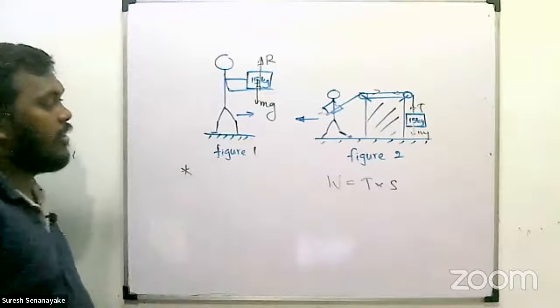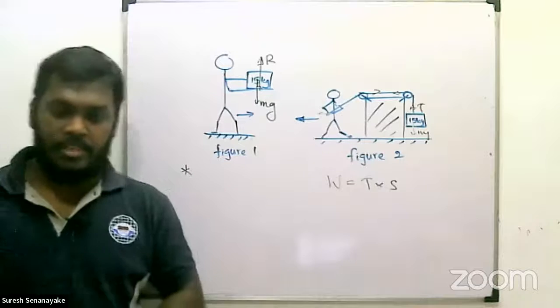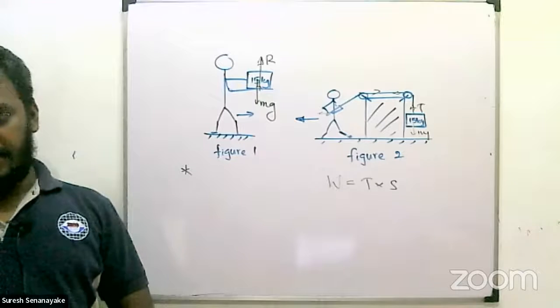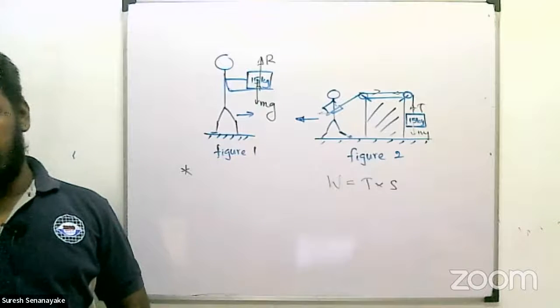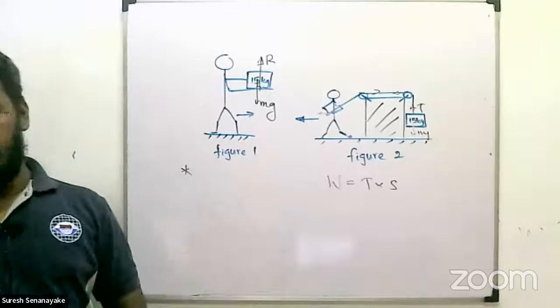First figure: the work done by the man against gravity, because the gravitational force acting on it is only this, the work done by the man against gravity is 0 in this first figure, right?